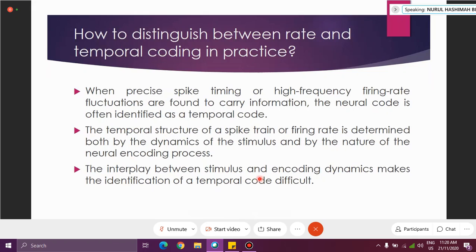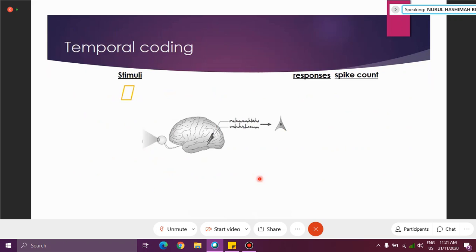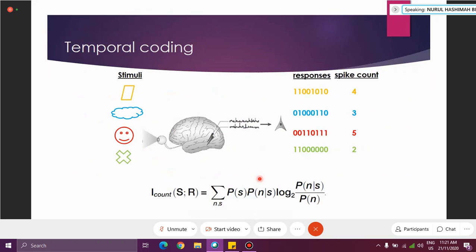The temporal structure of a spike train is determined both by the dynamics of the stimulus and by the nature of the neural encoding process. So if there is an interplay between stimulus and encoding dynamics, then it makes the identification of a temporal code difficult. So that's for temporal. This is an example of temporal coding. So basically we do spike count.